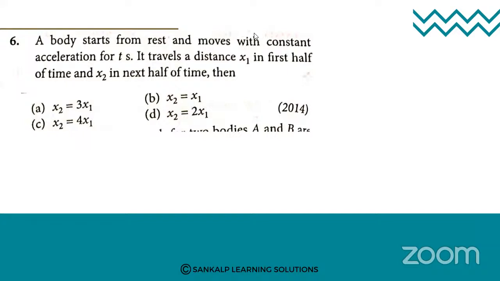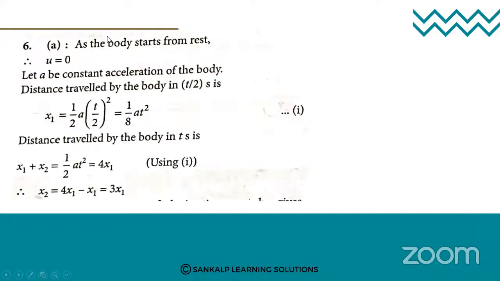Yes, what is the answer, students? So see here, as the body starts from rest, initial velocity is 0. Let a be the constant acceleration of the body. So the distance traveled by the body in t by 2 seconds, because the total time is t, half the time is t by 2.